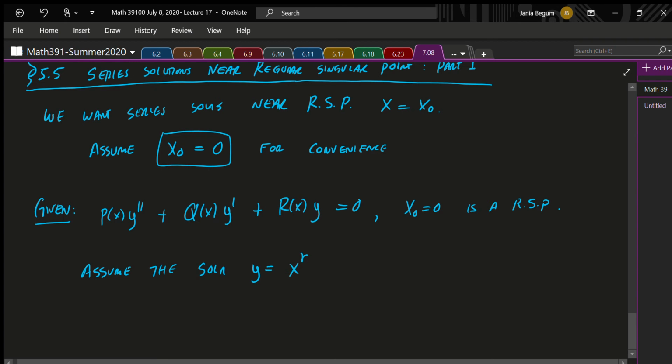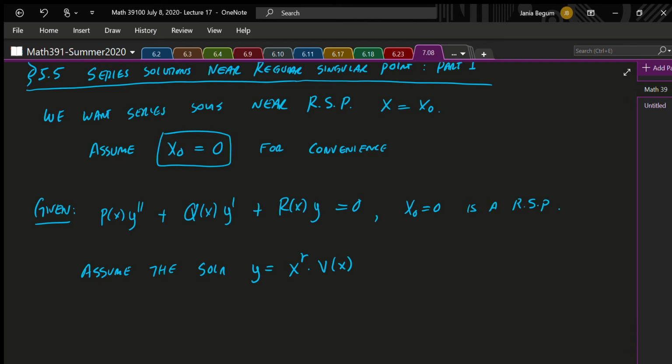Because we can always find the corresponding Euler equation, and the solution to the Euler equation is x to the r. And we're going to assume it has that form, x to the r, times a nice function, v of x. That's what the solution to this differential equation would look like.